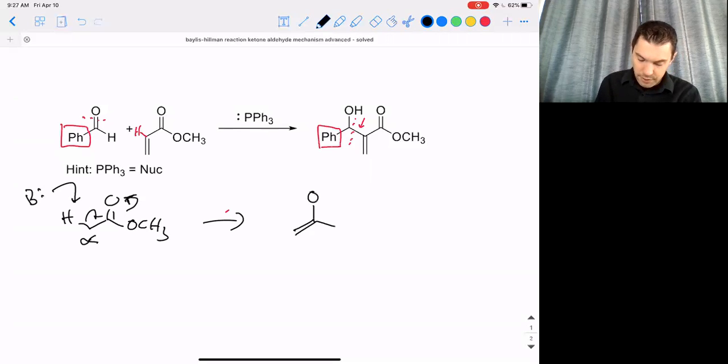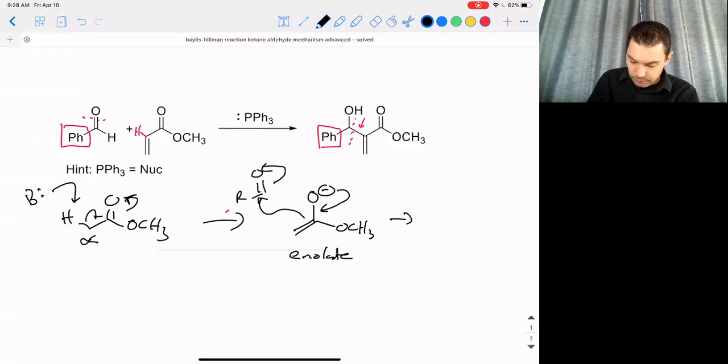In this case, it's the enolate derived from an ester, which technically has a different name, but we're just going to label it enolate to keep life simple. And then this enolate can attack aldehydes. And we've seen this a lot of times in our aldol reactions. Initially you get O-, and of course after it's protonated, after the workup, it ends up being OH. Okay, so that's a fairly standard sequence.